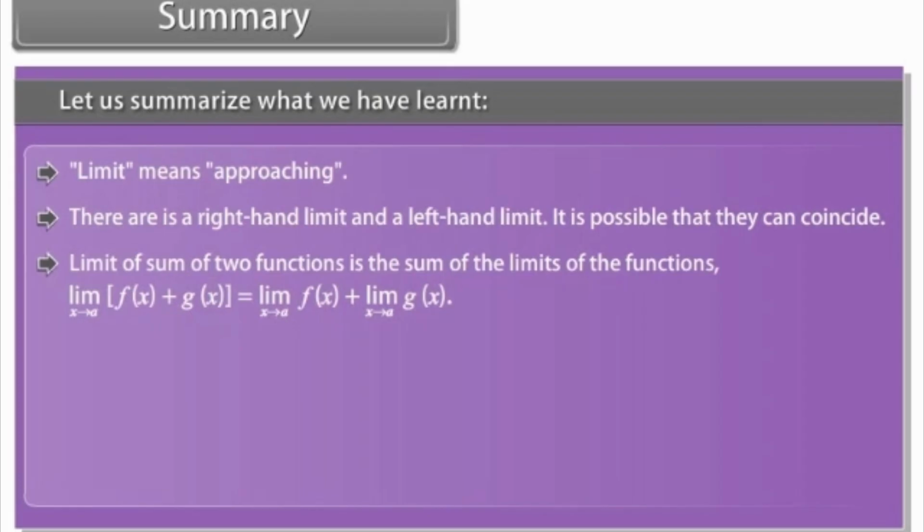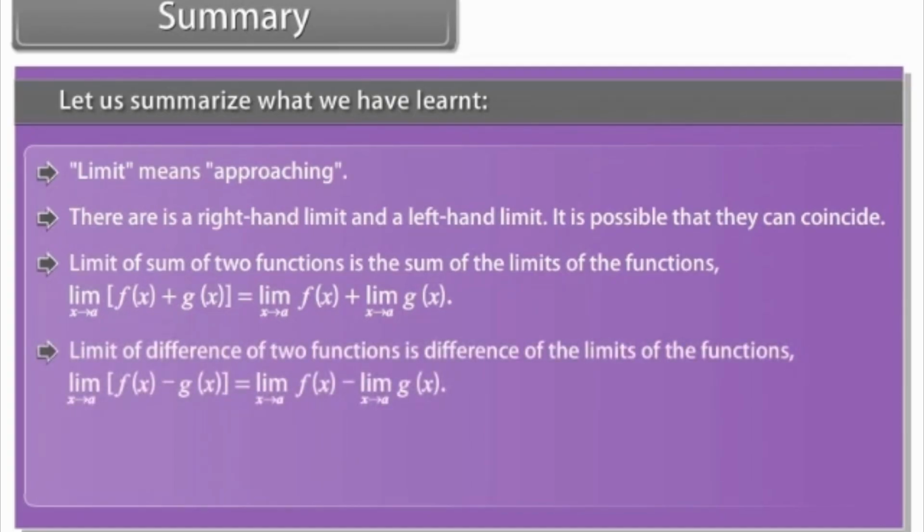Limits x tends to a of f of x plus g of x is equal to limit x tends to a of f of x plus limit x tends to a of g of x. Limit of difference of two functions is difference of the limits of the functions. Limit x tends to a of f of x minus g of x is equal to limit x tends to a of f of x minus limit x tends to a of g of x.